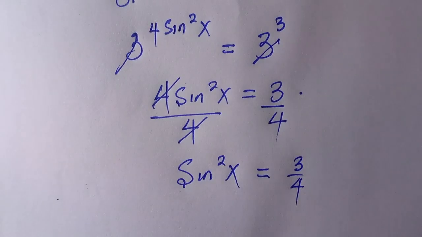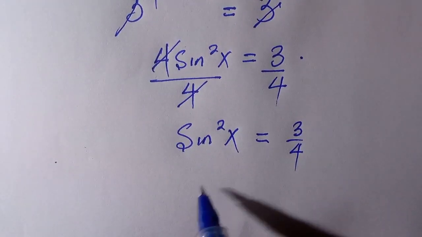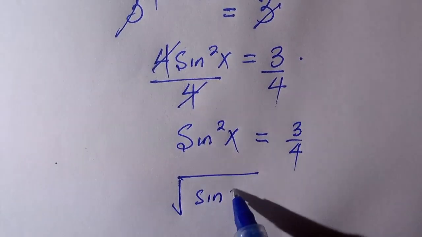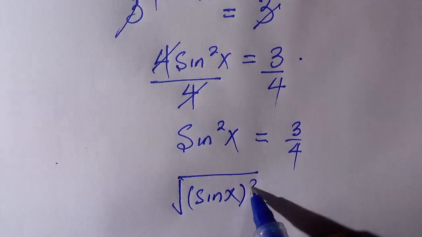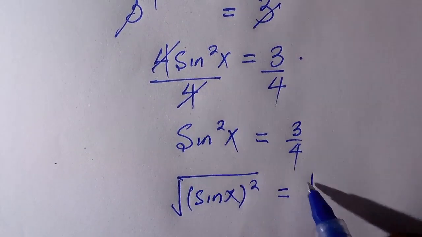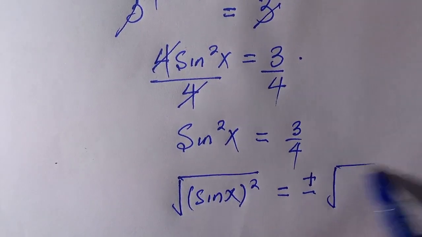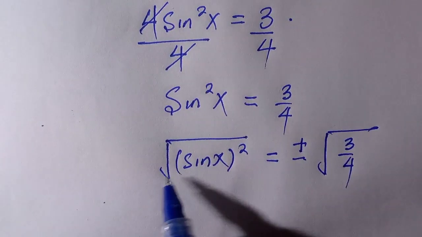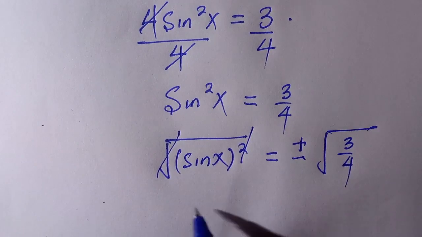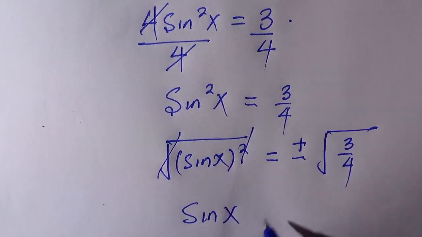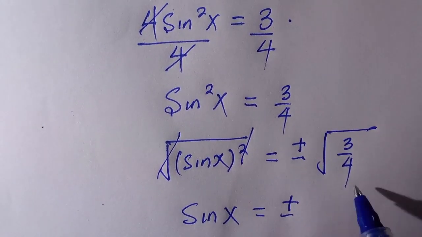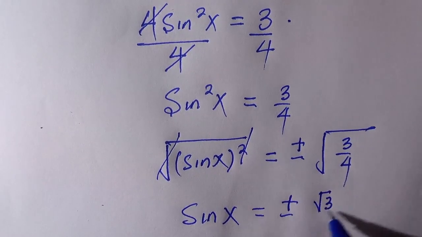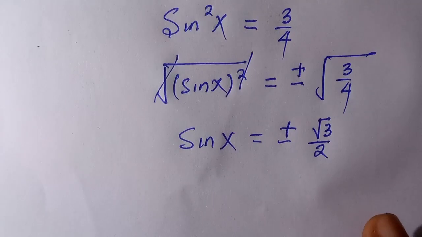And by taking the square root of both sides as well, we have the square root of sine x raised to the power of 2 equals plus or minus square root of 3 divided by 4. So this and this cancel each other. So we have sine x equals plus or minus root 3 divided by 2.